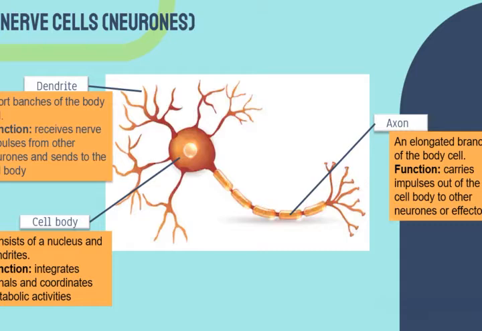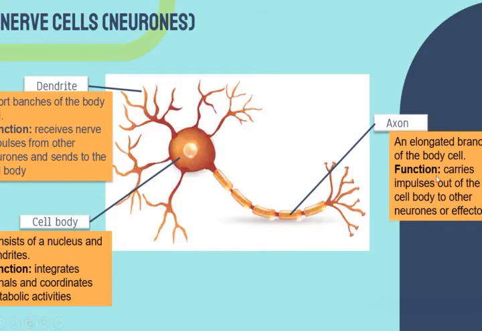Before that, the characteristic of the axon: it is an elongated branch of the cell body. The function of the axon is that it carries impulse out of the cell body to other neurons or effectors.